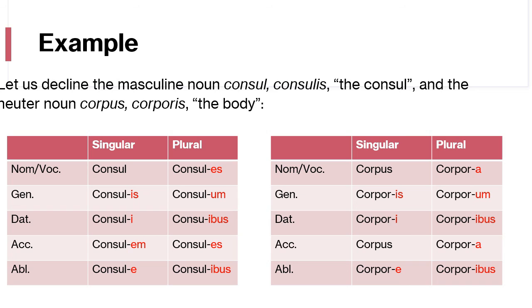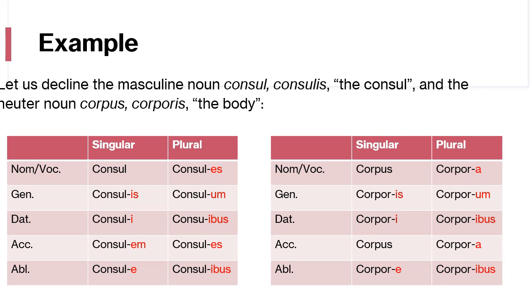Some noticeable features are that, as we said before, the genitive always ends in -is. We have an accusative with an -em ending. The genitive plural is -um, and this can be tricky because sometimes it can be confused with an accusative of the second declension.